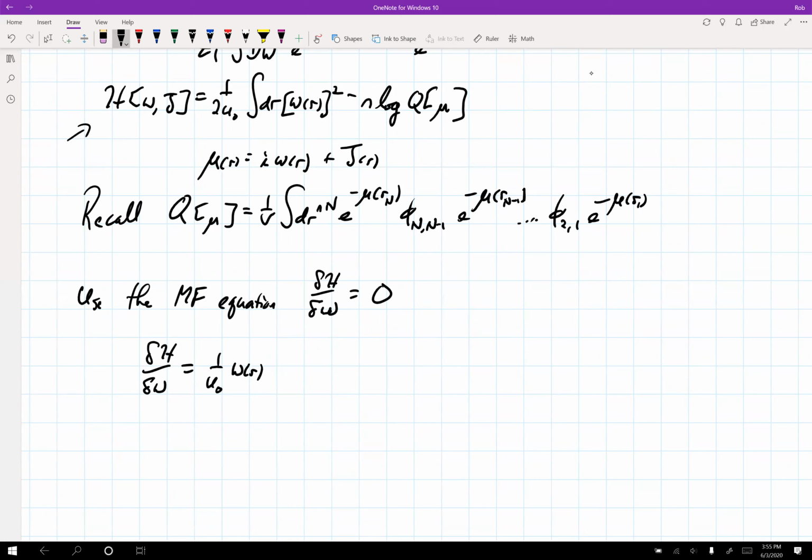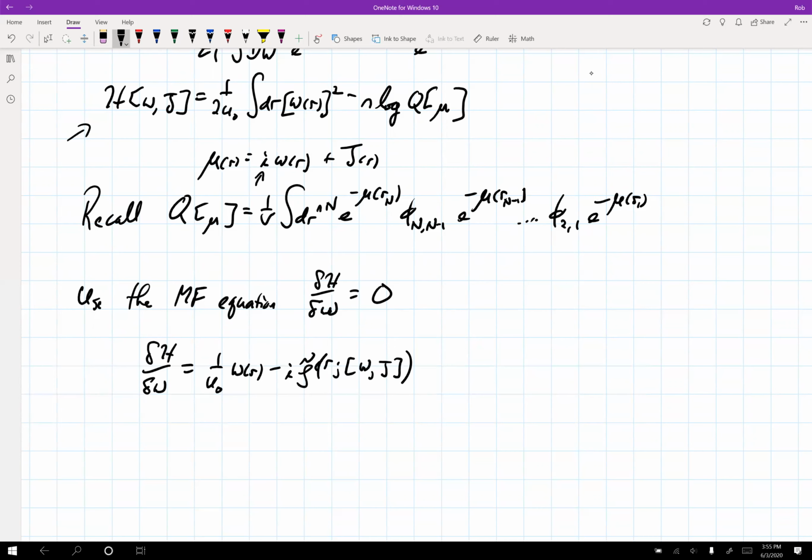And then the second term is going to give us the density operator. So we'll have i, the i comes about because there's this prefactor here. And then we'll have our density operator, which is the derivative of Q with respect to iW, or with respect to W of r. But now this thing still depends on W and J. Right?